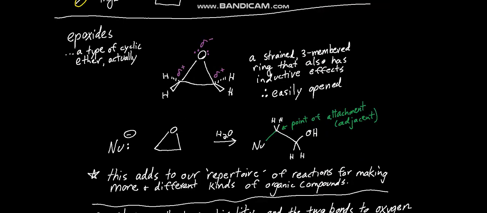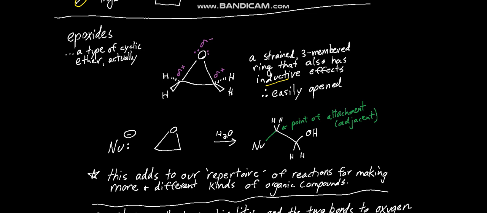Now epoxides, structurally, really they're cyclic ethers. If you look at it closely, this would be the simplest possible epoxide. It also has inductive effects. So it's polarized because of the oxygen, but it's also got a lot of ring strain. You may be surprised even to see a three-membered ring, but they can form.